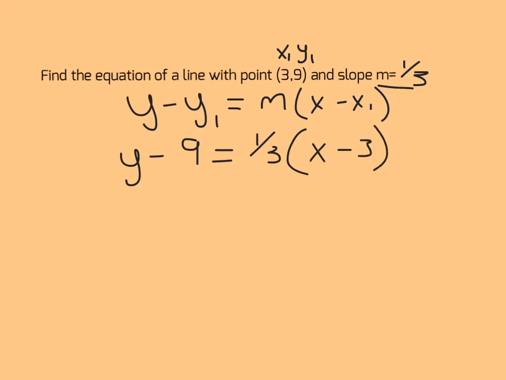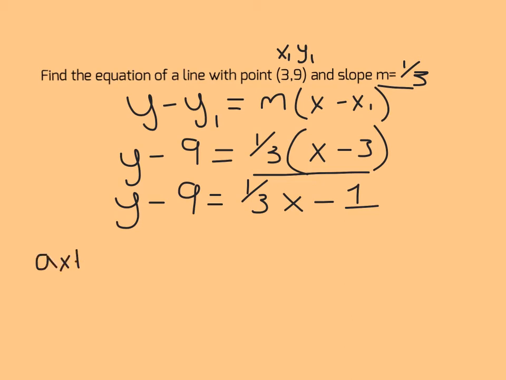3, and then I'm going to go ahead and simplify this here. So I get y minus 9 equals 1/3 x minus a third multiplied by 3 will give me 1. Let us put it in the form ax plus by plus c equals 0.